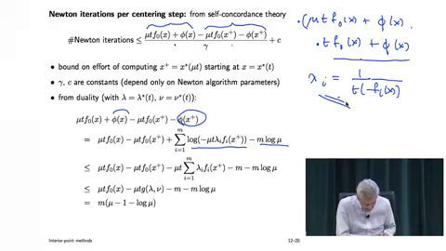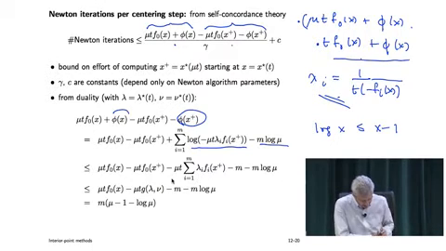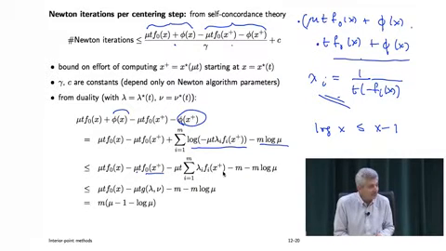Okay, so in the next step, you simply use the fact that log x is less than or equal to x minus 1. So we do this here. This is log that. We write that out here. And now a pattern starts emerging. You see mu t f0 of x plus minus mu t times some lambda i fi of x plus.